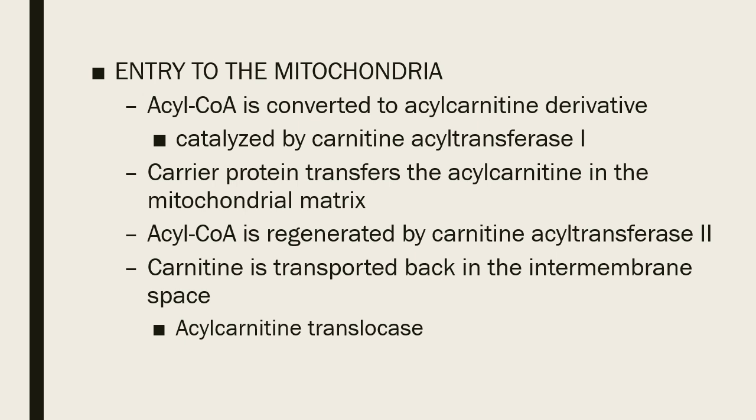Again, the carrier protein transfers the acyl-carnitine into the mitochondrial matrix, and then acyl-CoA is regenerated by carnitine acyltransferase 2. The acyl-CoA is released, and carnitine is transported back into the intermembrane space. Let's look at that in this illustration.